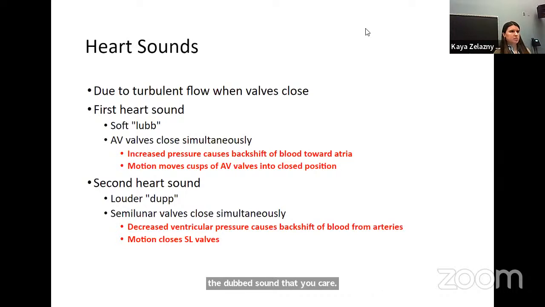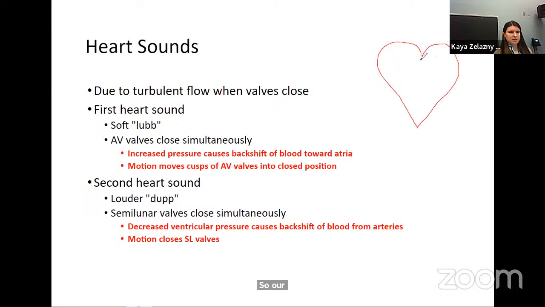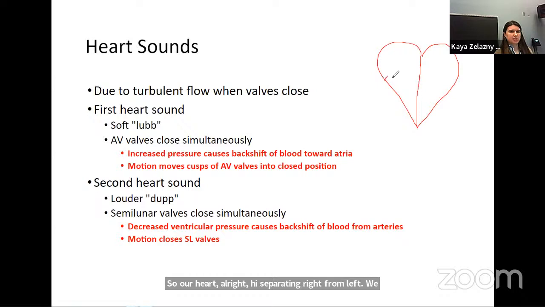Okay, so our heart, separating right from left, and separating our atria from our ventricles, we have our right atrioventricular valve, our tricuspid. Just gonna write that on there so you remember it.